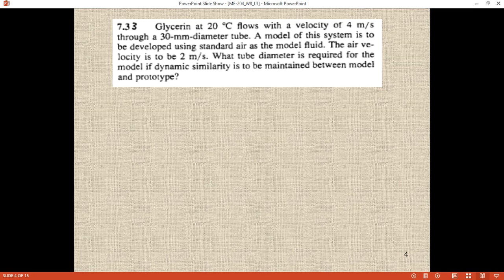Whenever we talk about pipe flow or open channel flow, or fluid flow in general, a dimensionless number always comes to mind, that is the Reynolds number. Basically the Reynolds number is the relationship between the flow properties of the fluid flow.